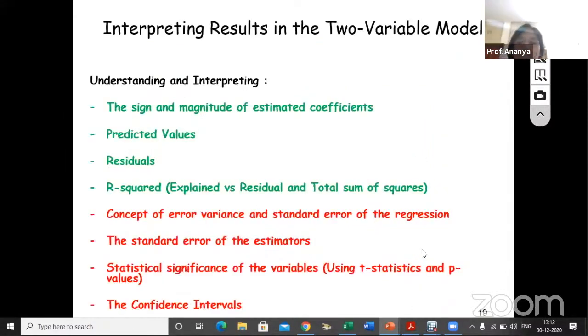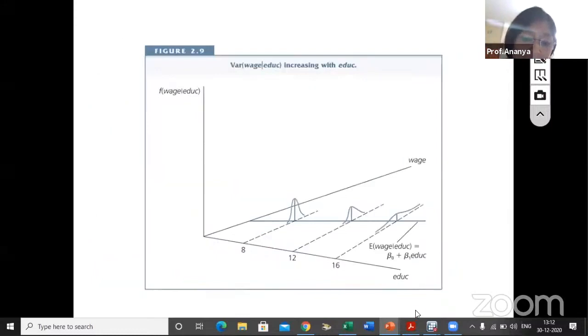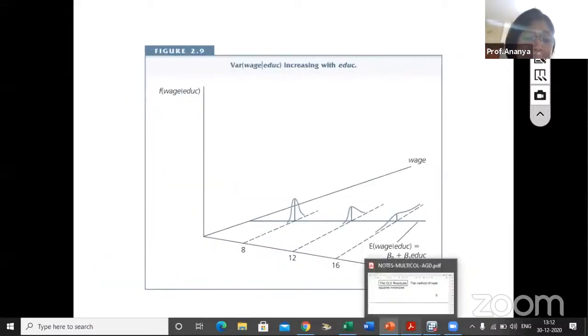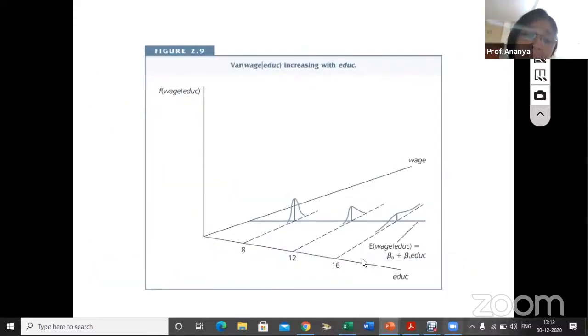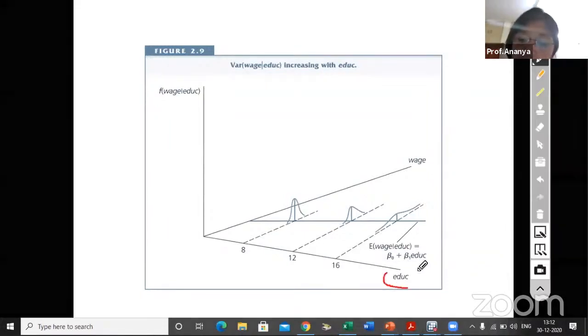Yeah, right. So if you look at this particular example, here my X variable is years of education, my Y variable is wage. Now here I'm saying that suppose I fix years of education at 8. What do I get?